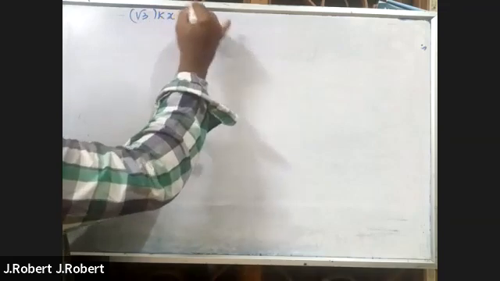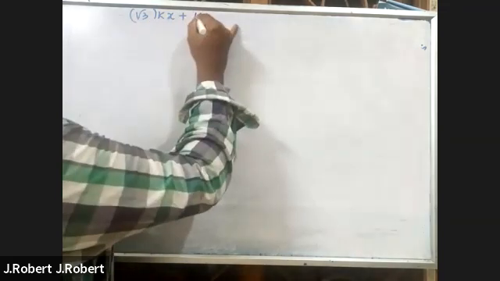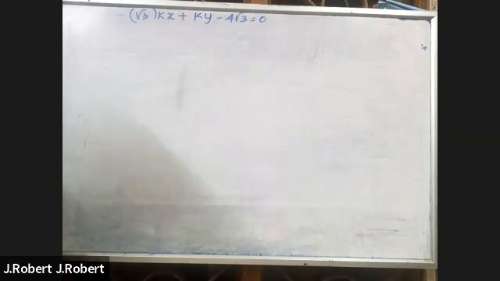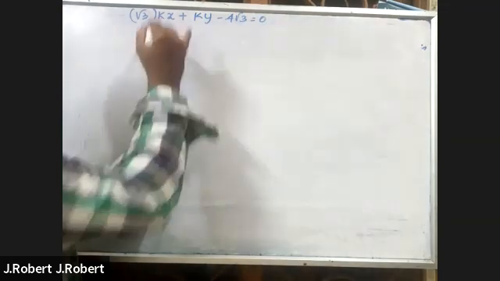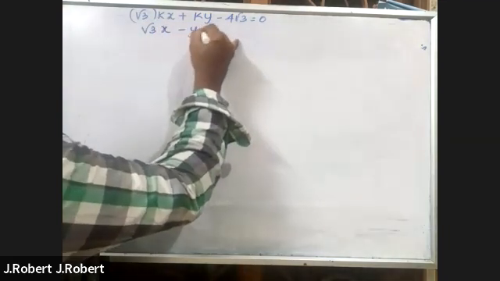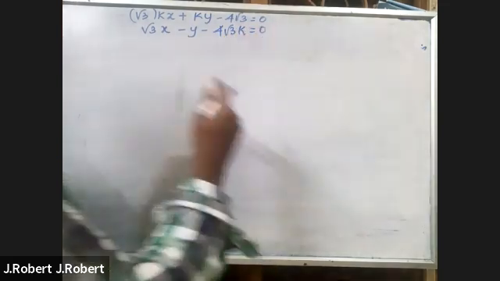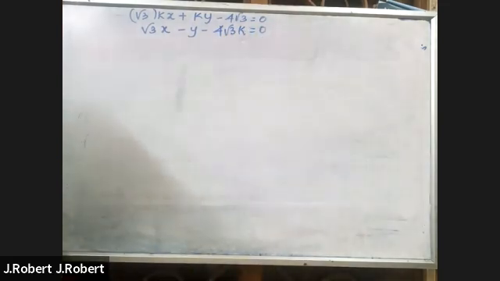The locus of the point of intersection of the lines root 3 kx plus ky minus 4 root 3 is equal to 0, and root 3 x minus y minus 4 root 3 k is equal to 0, is a conic whose eccentricity is... Circular, a circle is also a conic.